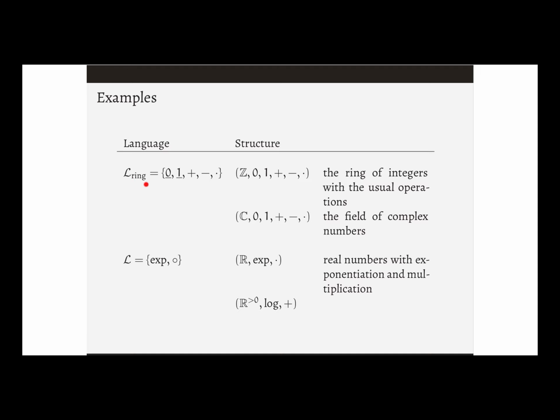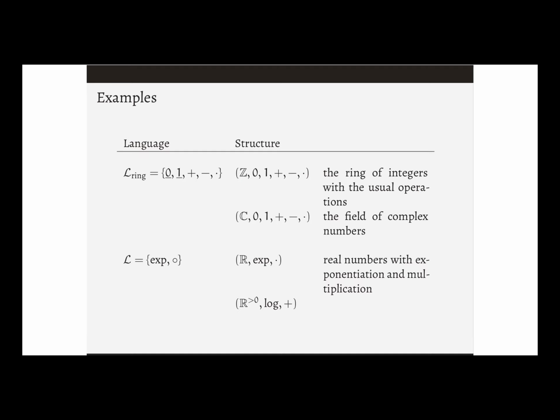Let's start with the language of rings: 2 constant symbols and then 3 binary function symbols. A structure over that language would be, for example, the integers with 0, 1. We interpret the constant symbol 0 as just the integer 0, and the constant symbol 1 as the integer 1. Then plus, minus, and times are just the corresponding operations on integers.